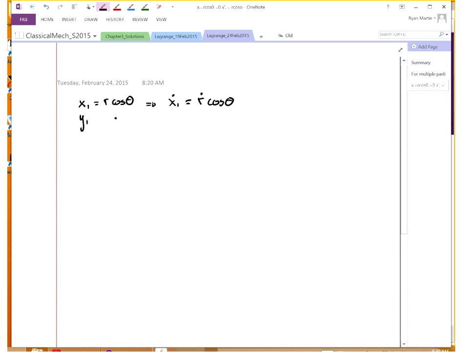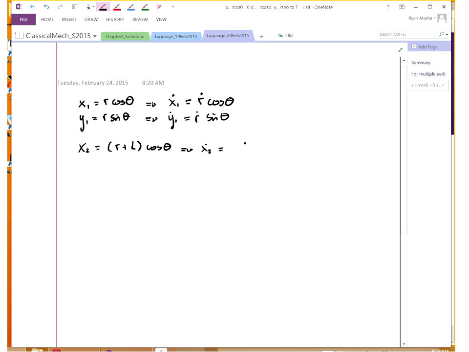Similarly for all the other ones, y1 is R sine theta, and so y1 dot is R dot sine theta. x2 is going to be equal to R plus L cos theta.